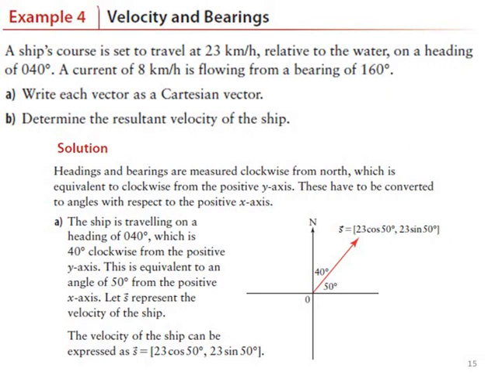So this is equivalent to an angle of 50 degrees from the positive x-axis. Let S represent the velocity of the ship. That will be 23 times cosine 50 for the x-axis, and 23 sine 50 is going to be the y-axis. The velocity of the ship can be expressed as these two numbers.